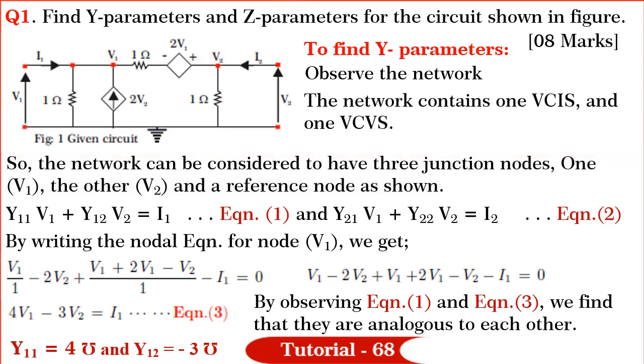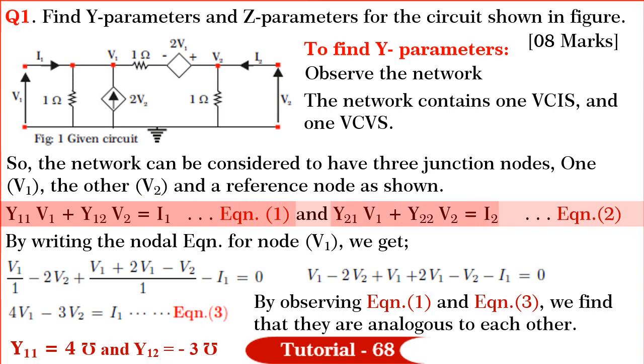We know that the two equations that govern the complete behavior of the network in terms of y parameters are y11 V1 plus y12 V2 is equal to I1 and y21 V1 plus y22 V2 is equal to I2.